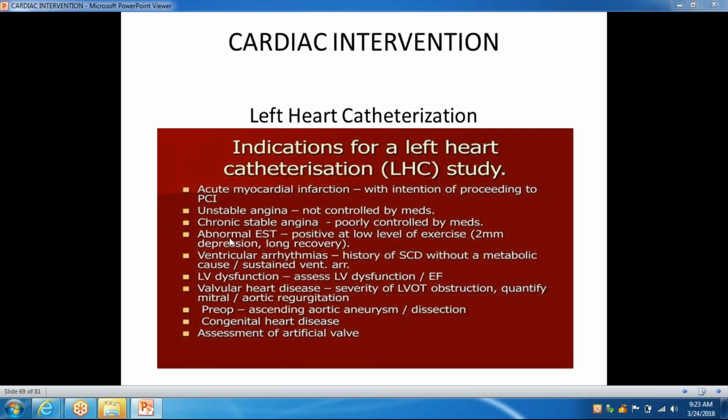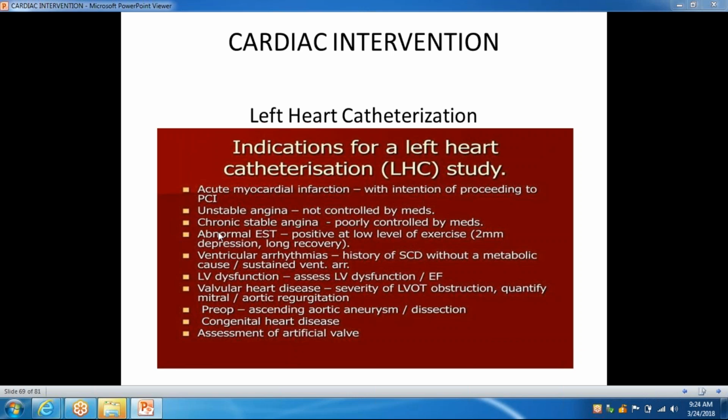Then a big indication is a stress test. If someone is having some chest discomfort and you do a stress test, and the stress test is positive, when we say a stress test is positive, they may have significant ST depression, or they may develop chest pain or chest discomfort with exercise.